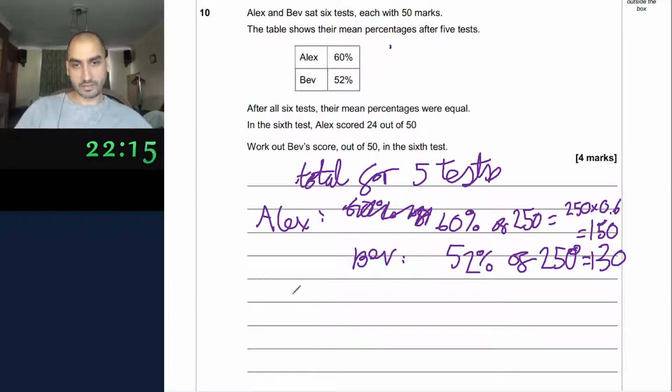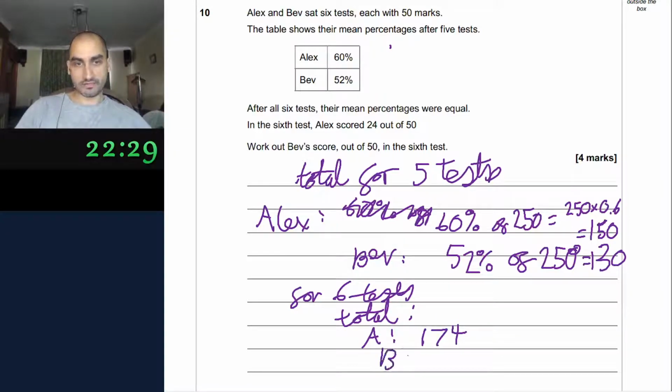So for 6 tests total, Alex is 174. Bev, unknown. Let's say Bev is 130 plus X.